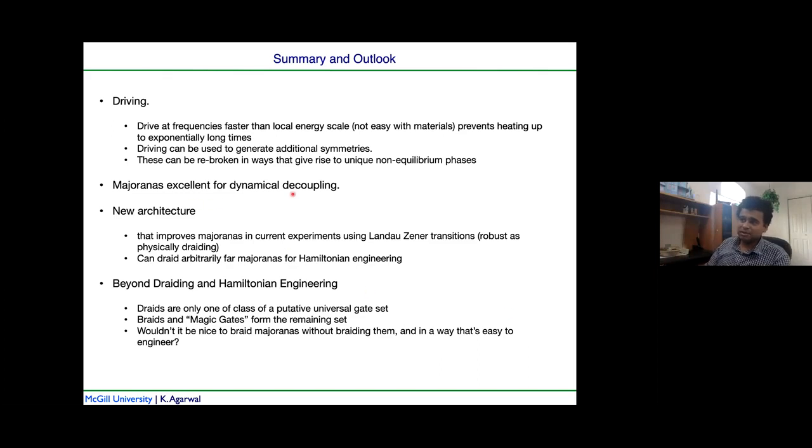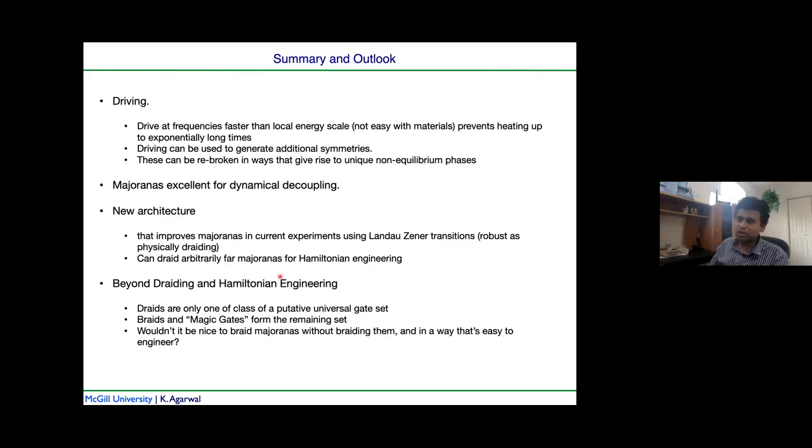Majorana zero modes in particular are excellent for dynamical decoupling. And so I propose a new architecture where you have quantum dots associated with quantum wires, to improve the hybridization between Majoranas in the current generation of quantum wires.